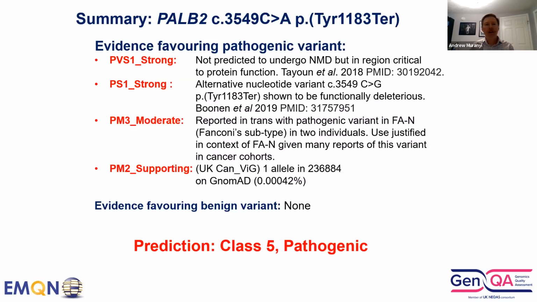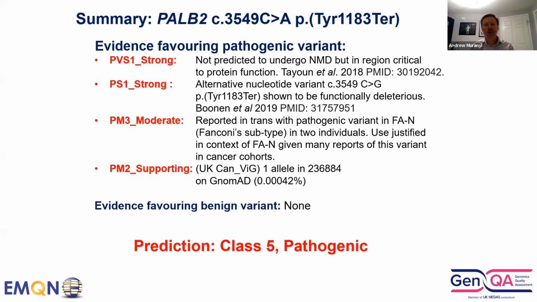So the evidence for this variant is PVS1 strong. If we use the decision tree recommended by ClinGen for PVS1 classification, it's not predicted to undergo nonsense mediated decay, but it does disrupt a known critical domain. So we arrive at PVS1 strong.